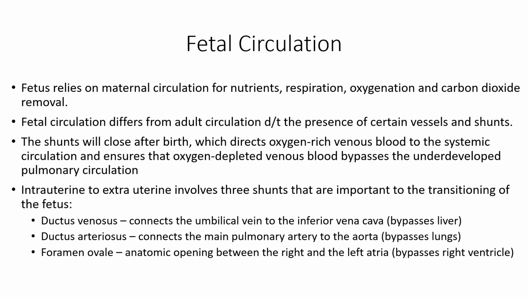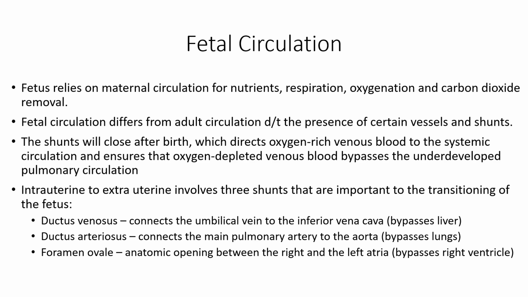The ductus venosus connects the umbilical vein to the inferior vena cava, where it bypasses the liver and circulates back through the placenta. The ductus arteriosus connects the main pulmonary artery to the aorta, and during this process in utero, it bypasses the lungs.